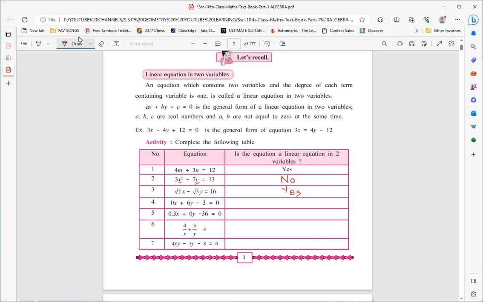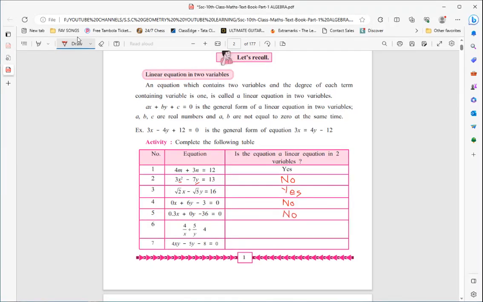As we know that linear equations should have two variables, the answer here is no. Next one, 0.3x plus 0y minus 36 equal to 0. In this case, 0.3x is okay, but 0y is nothing but 0, because 0 into y is 0. The second variable is missing here, so it is a no.